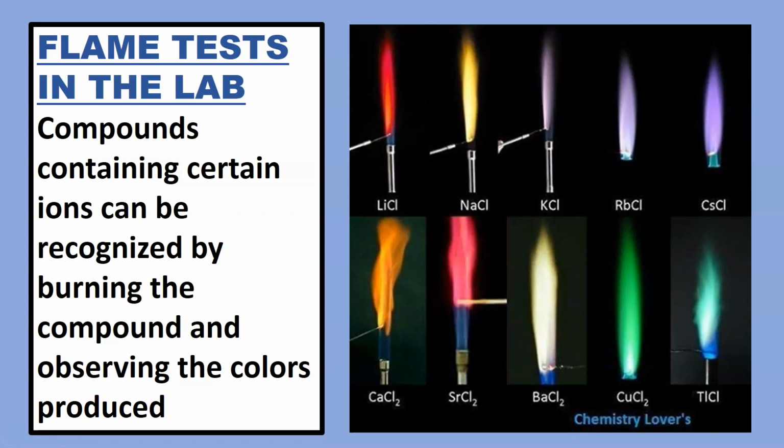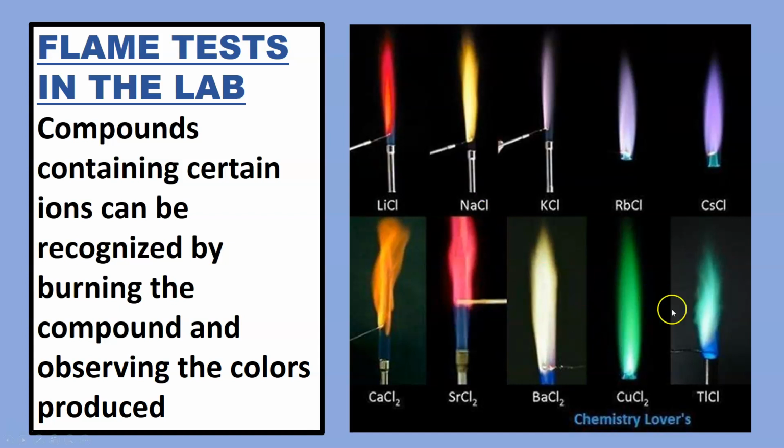We're going to do a lab where we're going to put chemicals into a Bunsen burner flame. And when we do that, the flame is going to give the atom energy. The electrons will go up to a higher level. They don't want to stay there because of Aufbau's principle. They want to come back down to the lowest level. They come back down, and when they do, they release their colorful light, and it will be unique to the elements.